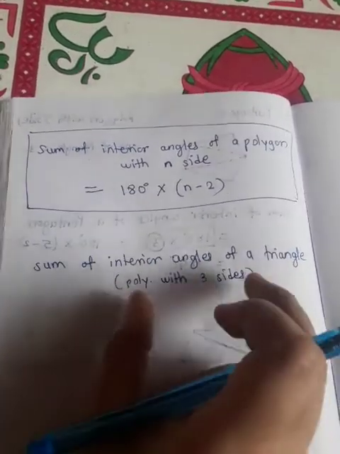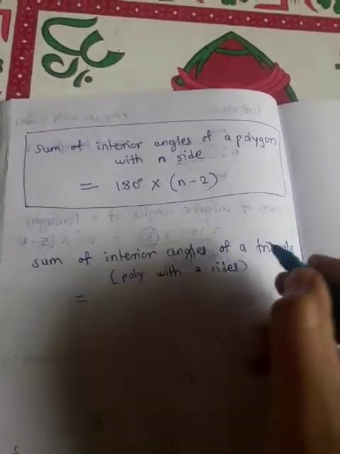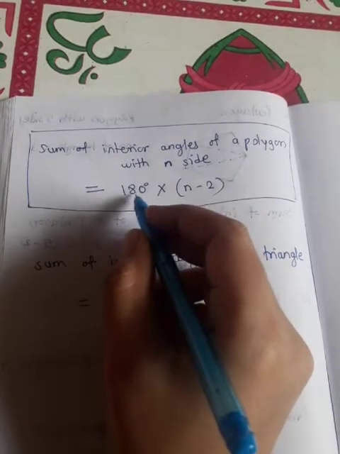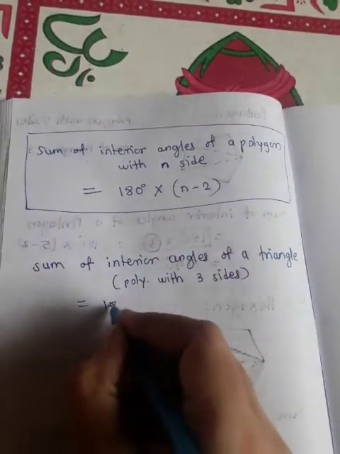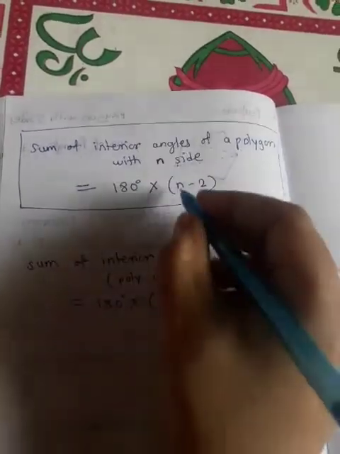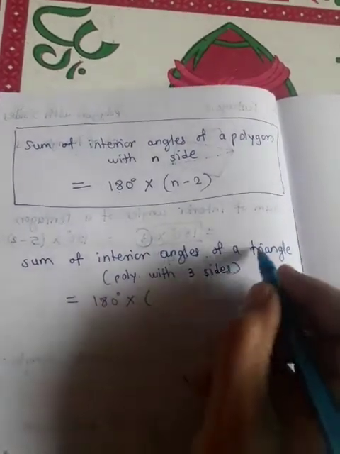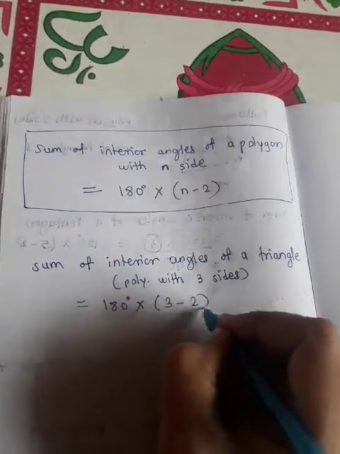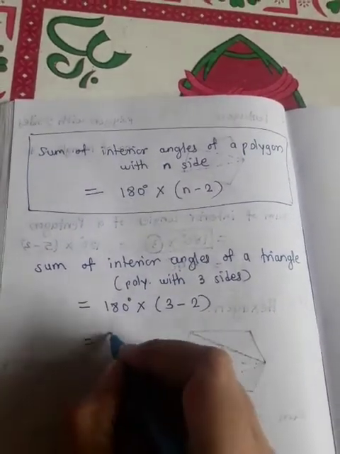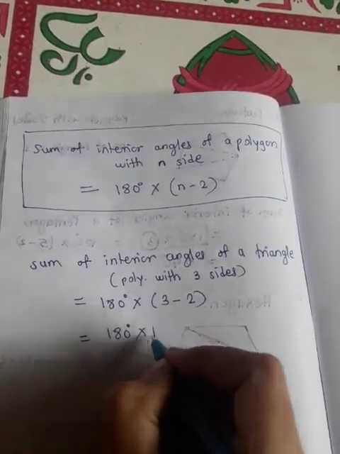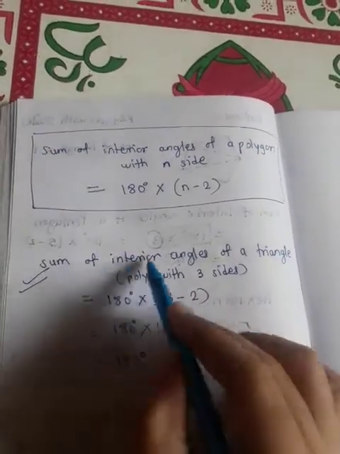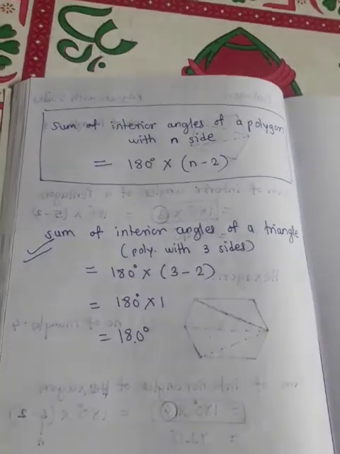In bracket I have written, the sum of interior angles of a triangle is, put the value in this formula, 180 degree into, what is the value of n? We know a triangle is a polygon with n sides. Put the value of n in n minus 2, that is 3 minus 2. So 180 degree into 1 is equal to 180 degree. And we know this result, the sum of interior angles of a triangle is 180 degree.